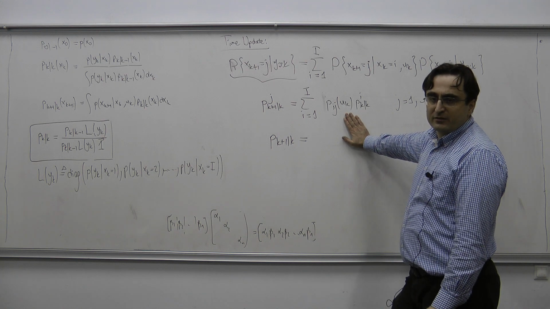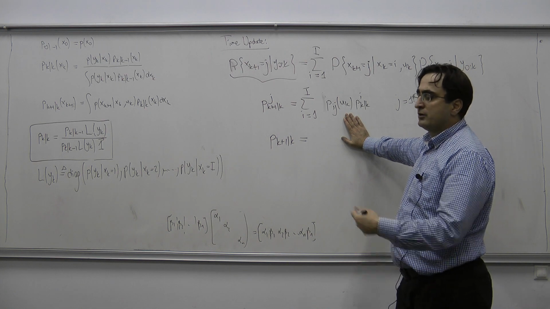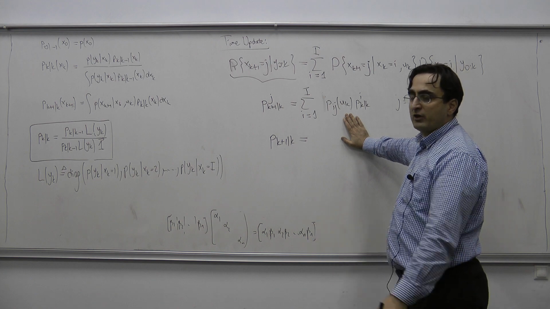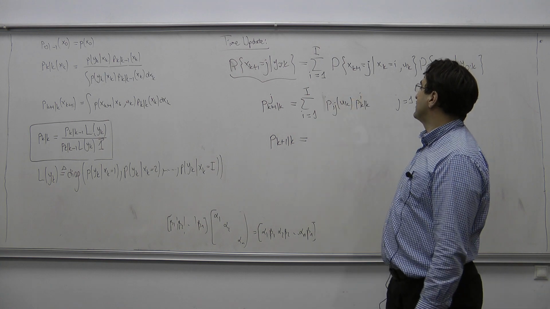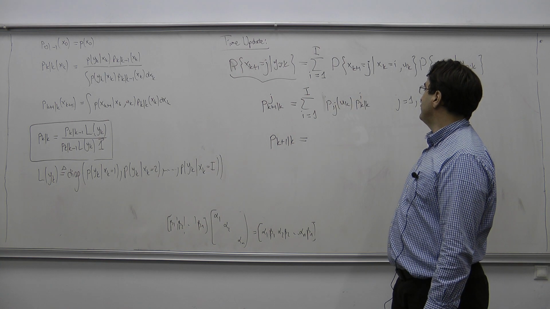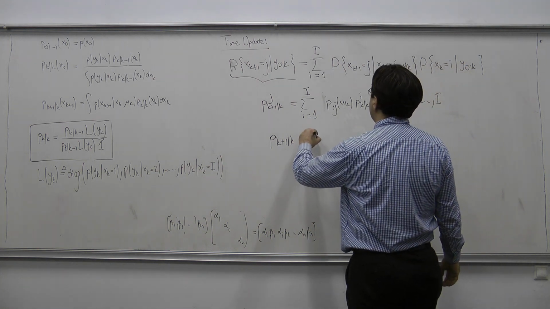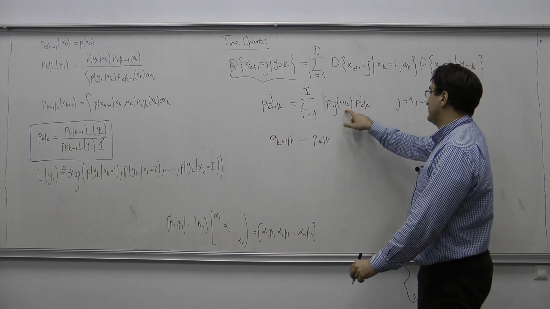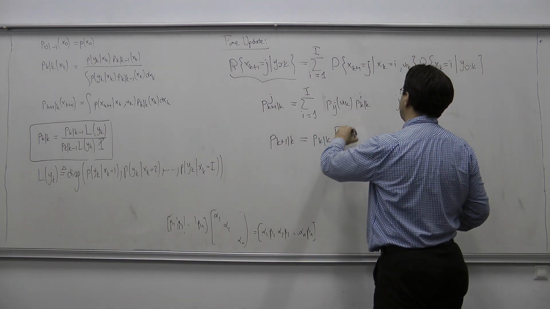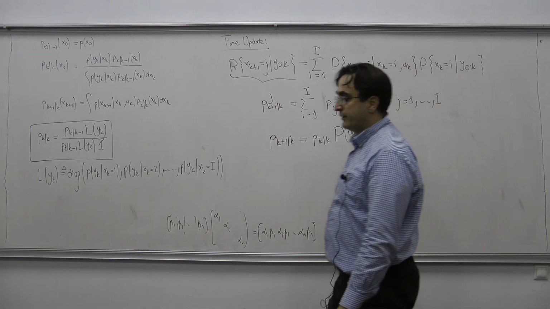We have seen this type of summation in the past. When we try to update the Markov chain state probability distribution, we have seen this type of multiplication, and this actually is nothing but the multiplication of the vector p_{k|k} with the transition probability matrix capital P for the input u_k.